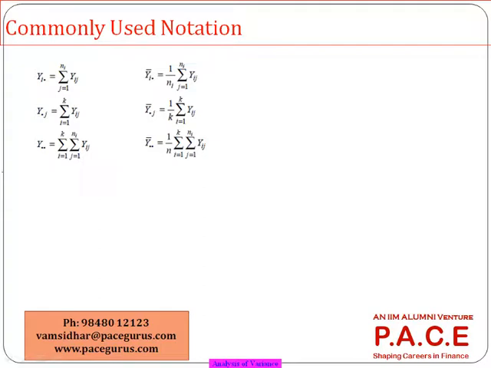We said each item is represented by yij, where i is the treatment and j is the instance of that particular treatment. So, whenever someone puts a dot instead of the second variable, it means the sum of all the values of that particular observation. So whenever someone says yi dot, it means the summation of yij.